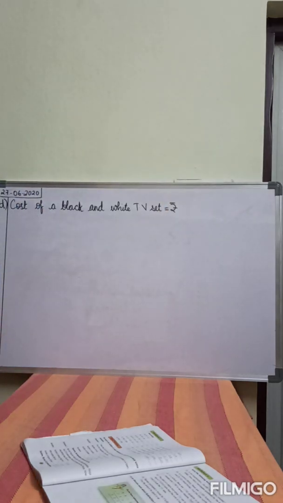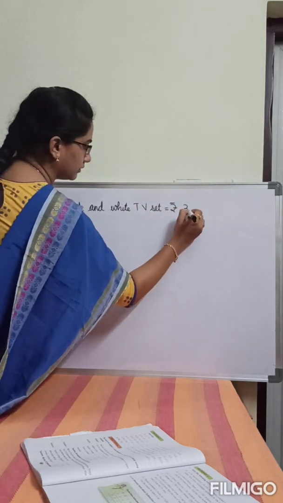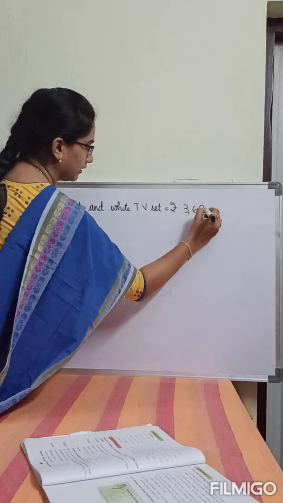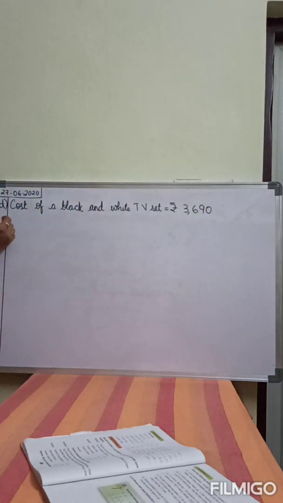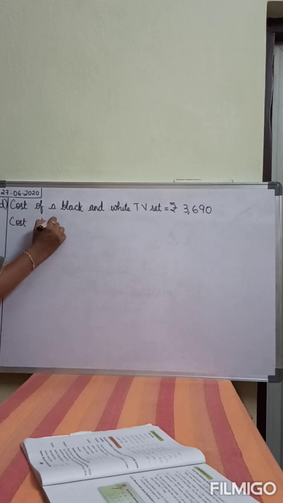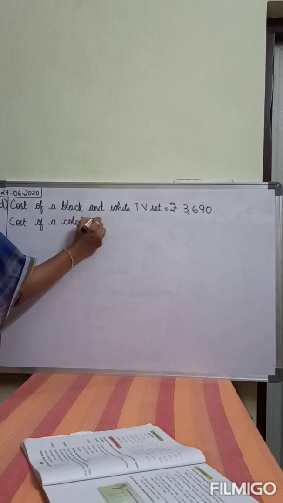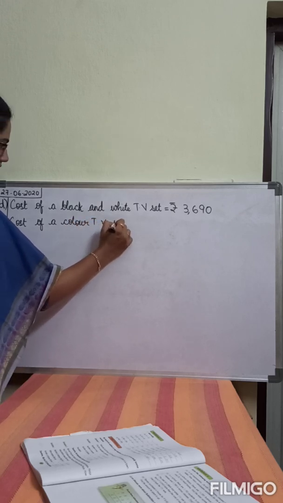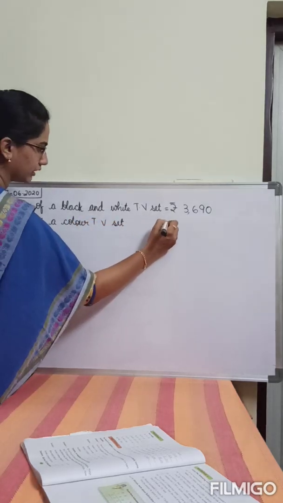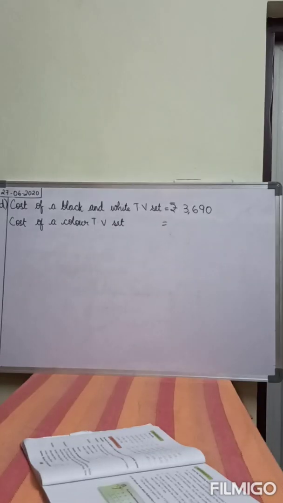It is rupees 3,690. Now, next is cost of a color TV set. What can be the cost of color TV set now? He says it is 12,810 rupees more than black and white TV.